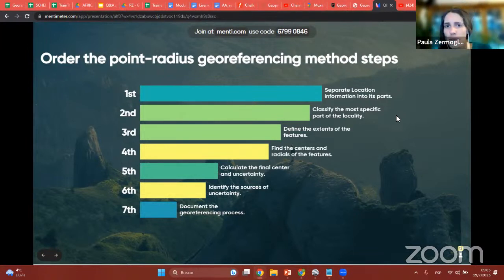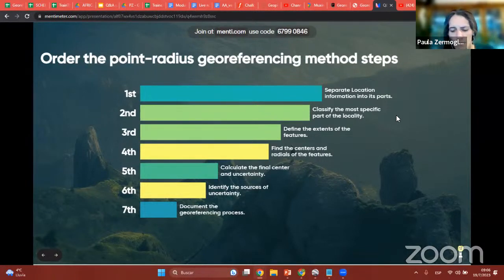And here, remember that whenever we have coordinates in a locality description, in general terms that is the most specific that we can get. Of course, we have to be careful, because if those coordinates have very low precision, the verbal description may be more informative.